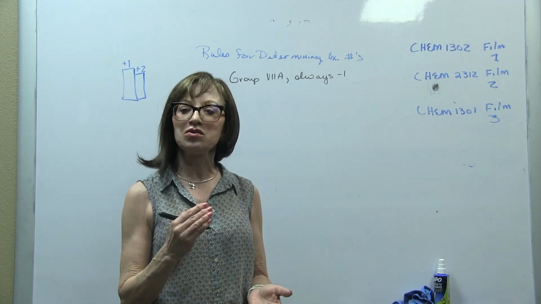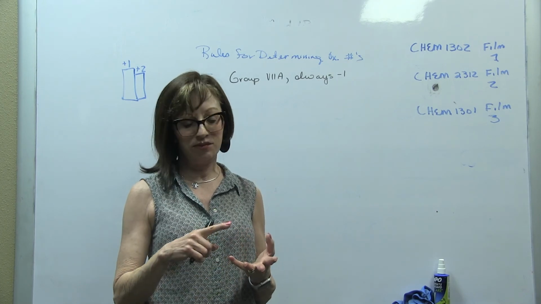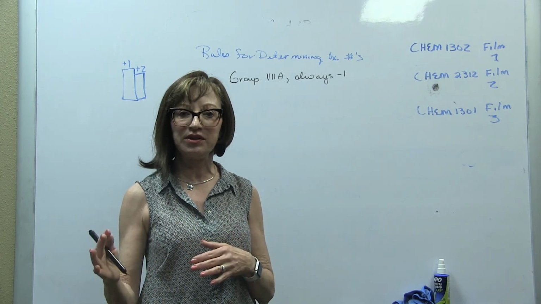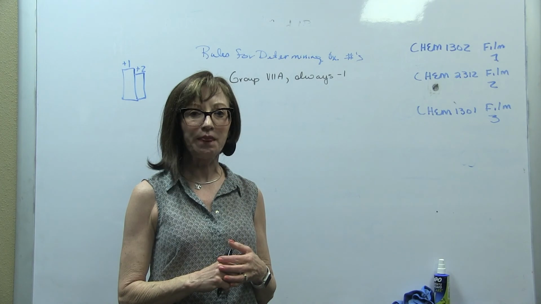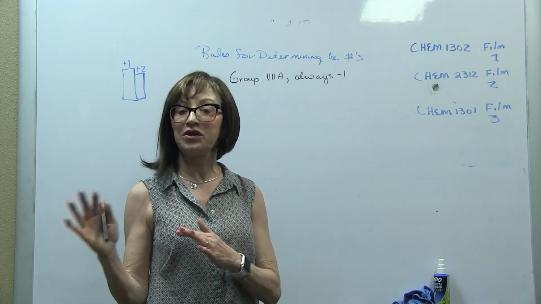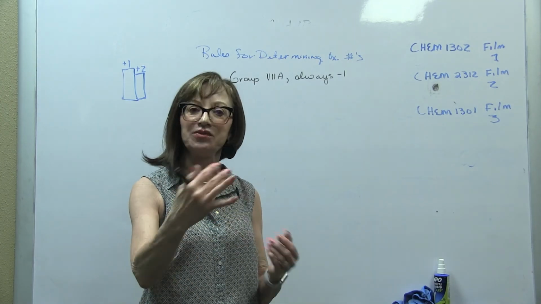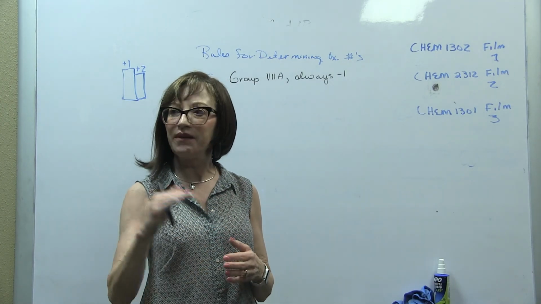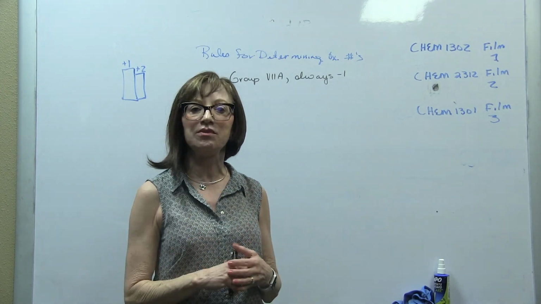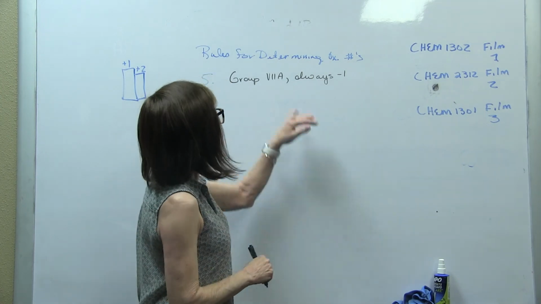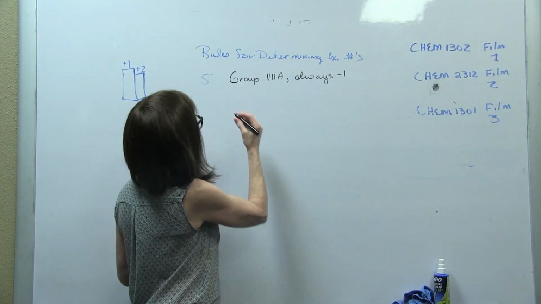I use those when I don't have sodium, when I don't have group 1 and 2, I'll go to the halogens. But when I see a halogen with a chlorine, or one halogen with another, or a halogen with an oxygen, I hold off, I look at the oxygen first, and then I'll come back to the halogen. Okay? So group 7A always -1.